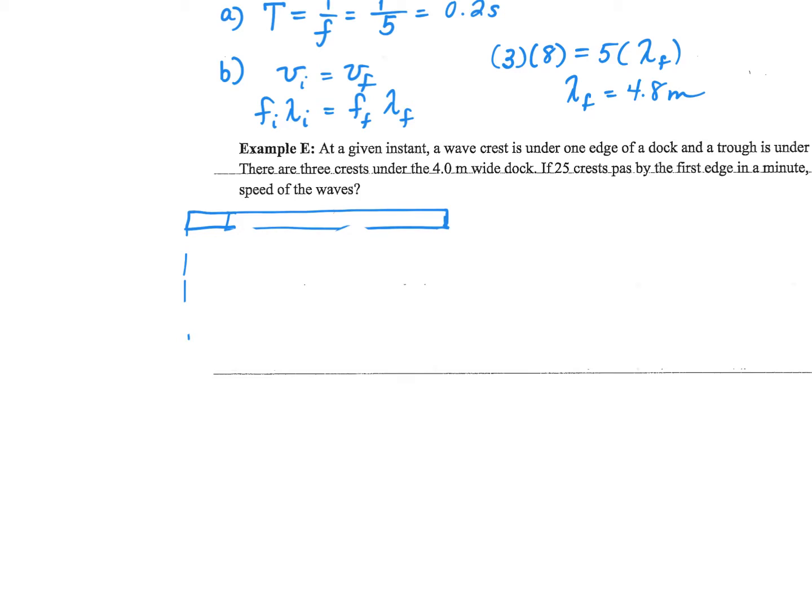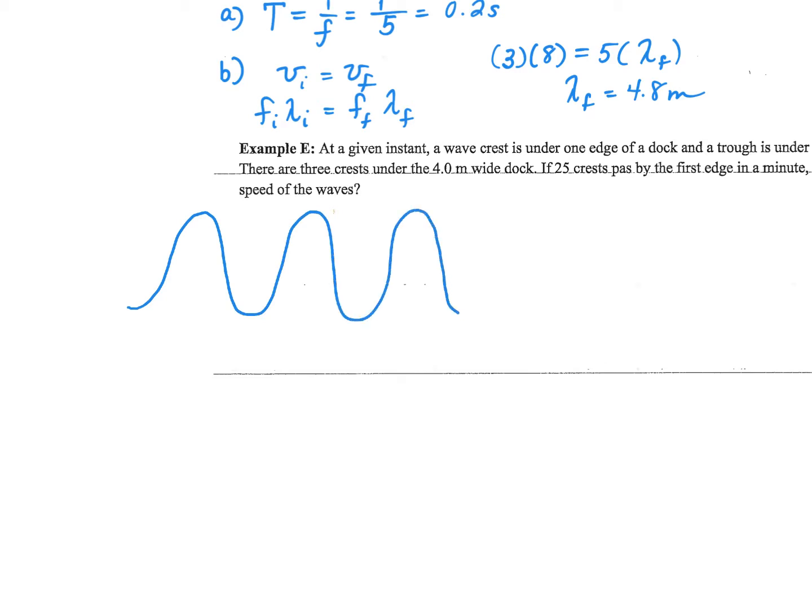Do you know what I'm gonna do? I'm gonna be smarter than this. Let's draw our wave first. Doesn't that make sense? All right, so we're gonna start with the trough. 1 crest, 2 crests, 3 crests, and then we're out from under the dock. So our dock goes from here, which is trough, to here, which is a crest.